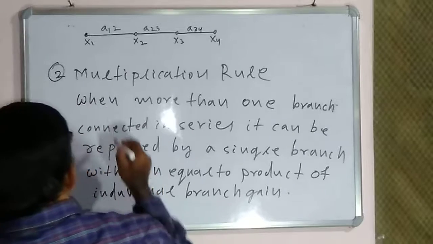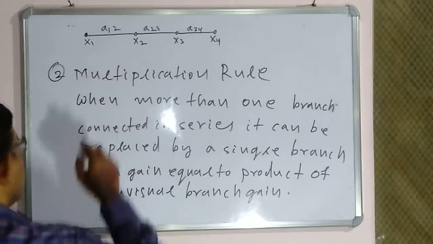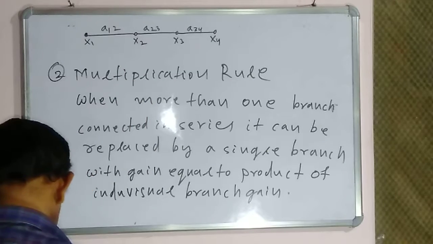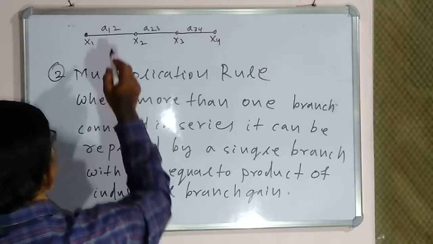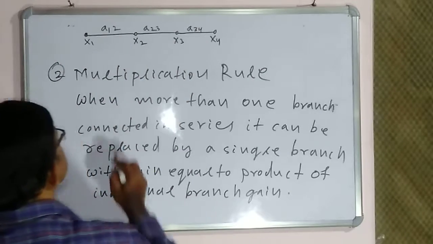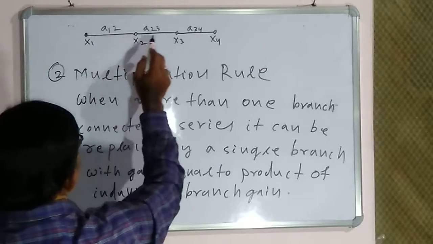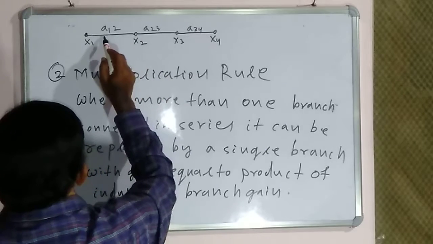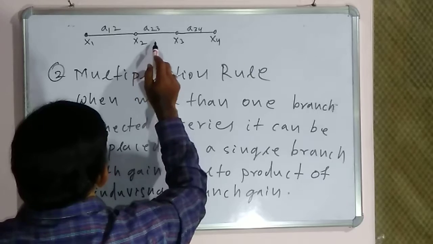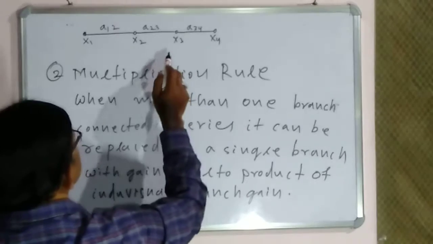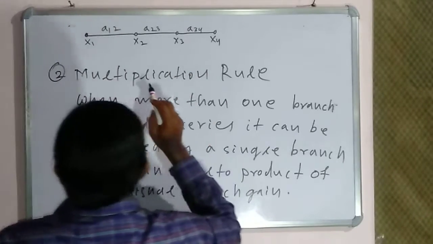Then according to the multiplication rule, this can be replaced by a single branch with gain equal to the product of individual branch gains. It means here there are three branches connected in series. This is the branch x1, x2, this is another branch x2, x3, and this is another branch x3, x4.